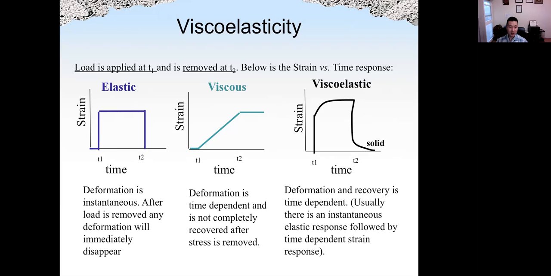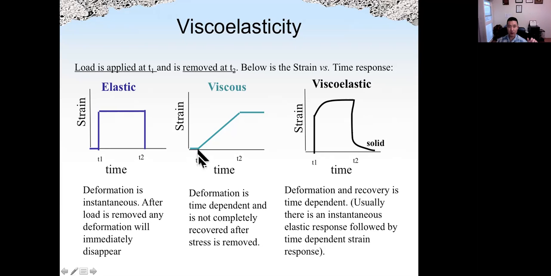For pure elastic materials, at t1, when we apply the load, the deformation is instantaneous. So the strain suddenly increases to this level, and the deformation does not change until t2 when we remove the load, and then the strain will go back to 0. Right? This is a classic elastic material. So what is a viscous material?